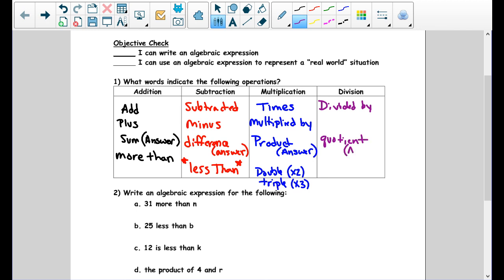Again, that's the answer. Quotient. Anything else? How can we write division? As a fraction. So I could say over, right? 2 over 4. That means fraction, but that still means division, right?